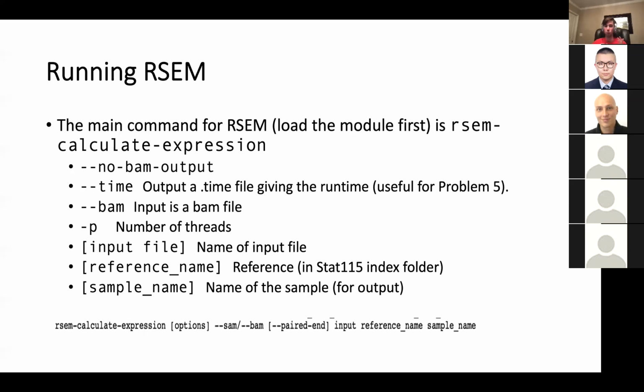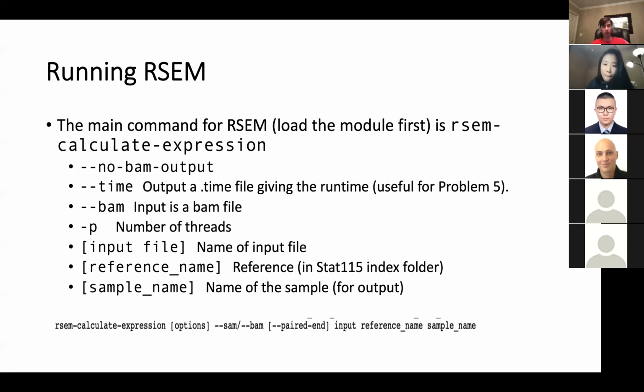It says it's the reference name, like the prefix, because the user must have run rsem-prepare-reference before using the reference. So are you specifying the absolute path to the reference? That's what I did initially, but it didn't run, so I'm just wondering why.